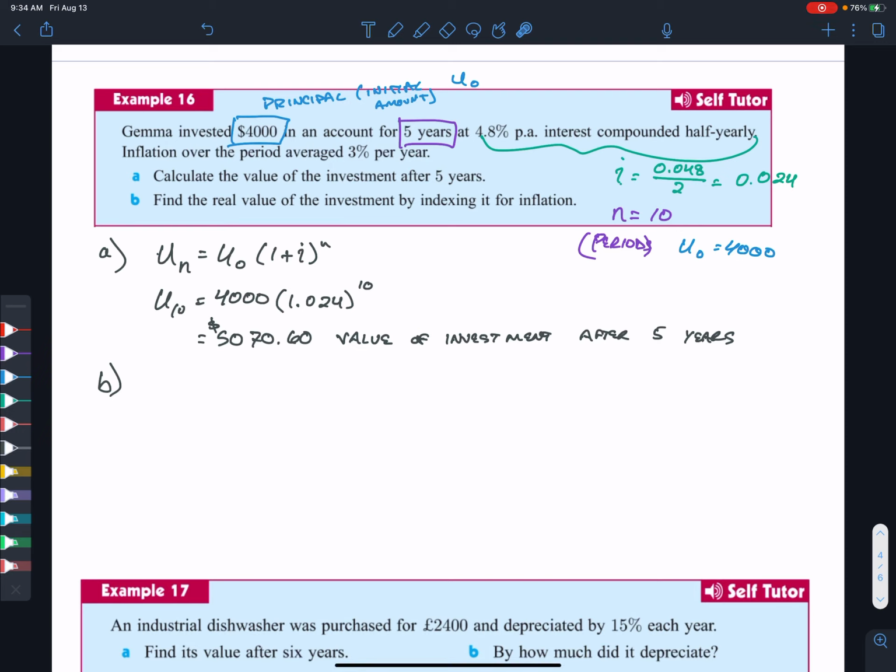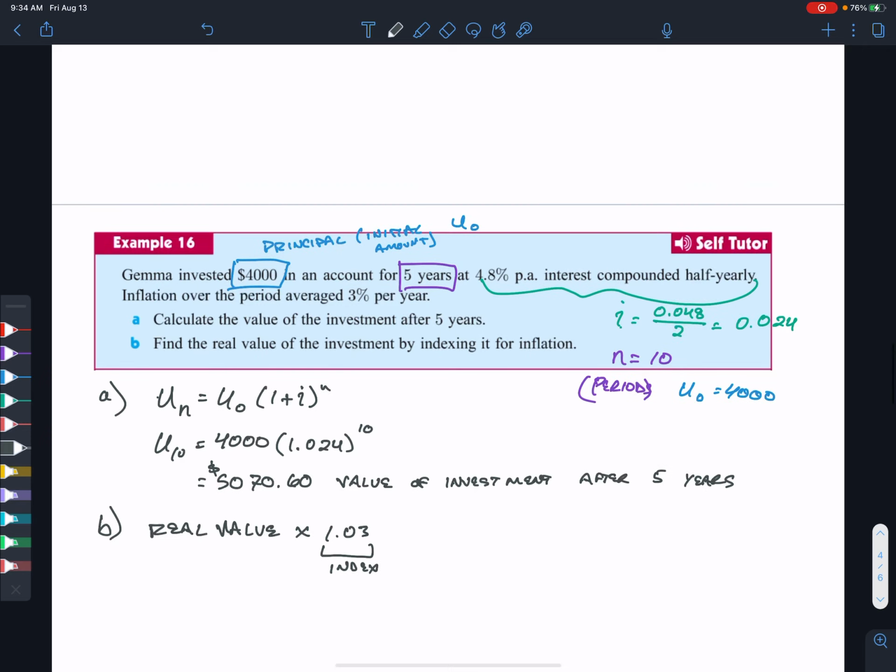This is the way the book does it, but we're just going to do a quick computation. If we're indexing it, we take the real value and multiply it by the inflation rate, 1.03, the indexed value. This is the index, just like we did up here.